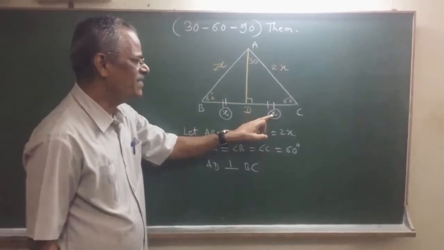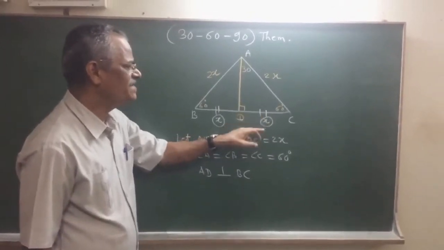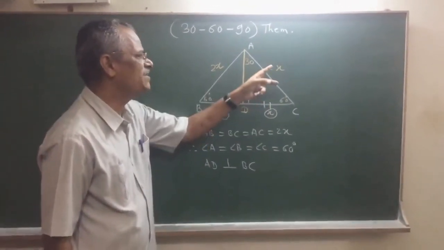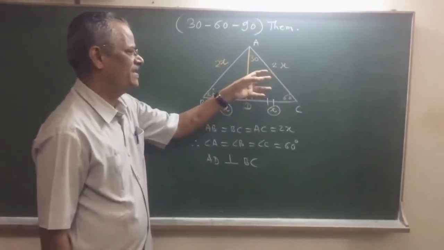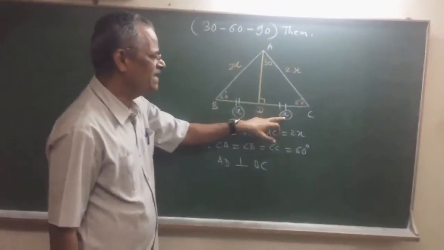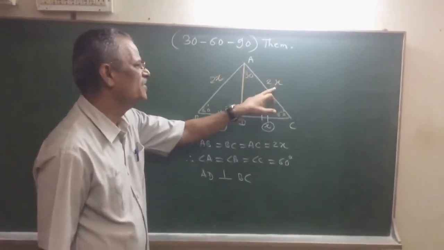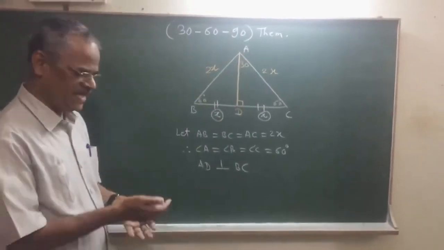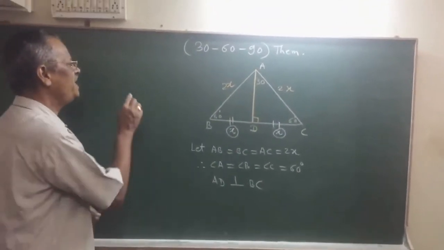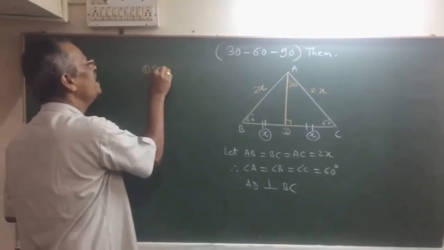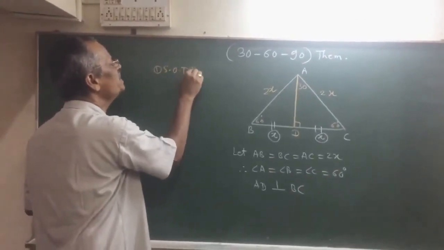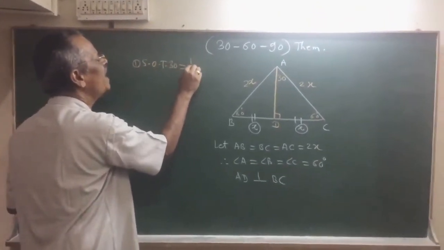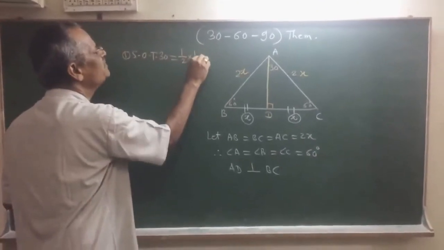What is the relation of x with 2x? You can say easily it is half of the hypotenuse. So this is one of the very important properties. Side opposite to 30 is half into HYP.